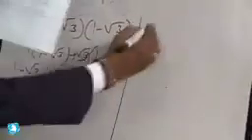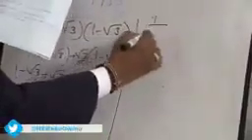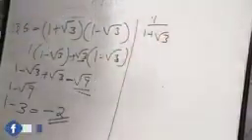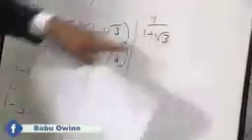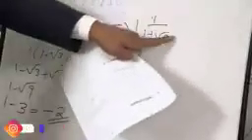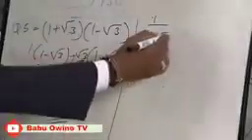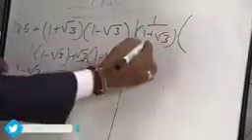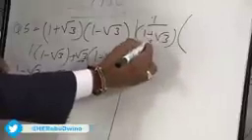Then you are told to simplify this and hence evaluate 1 divided by 1 plus root 3. So when you are told to evaluate this, number 1, rationalize the denominator by multiplying by its conjugate. The conjugate is just the same value but the sign changed.